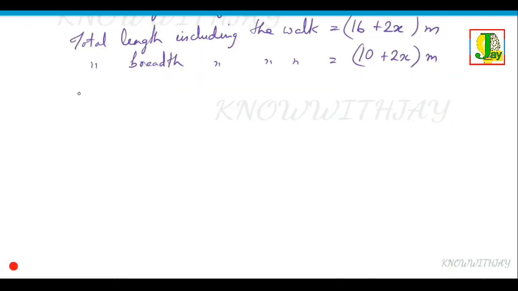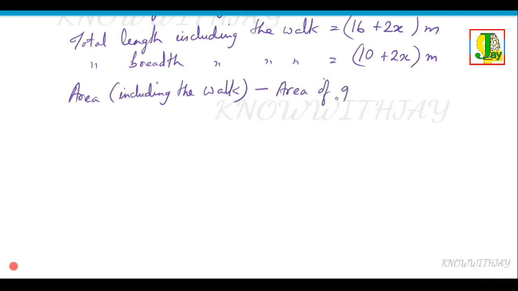Now we can write the expression like: area including the walk, we are subtracting the area of the inner rectangle, that is, area of only the garden part. If we subtract that, we have seen that it's the area of the walk.